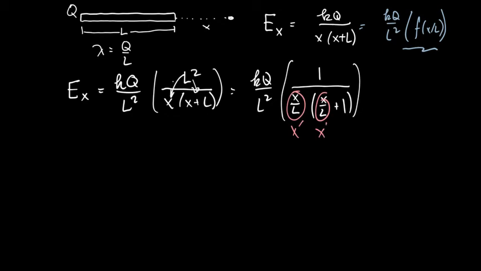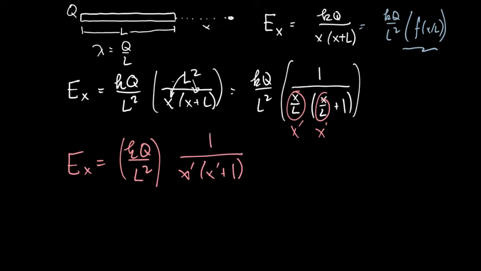So we can see then that E_x will be kq over L squared, one over x prime times x prime plus 1. Whereas, remember about the other direction, this second term was 1 over the square root of x prime squared plus 1.